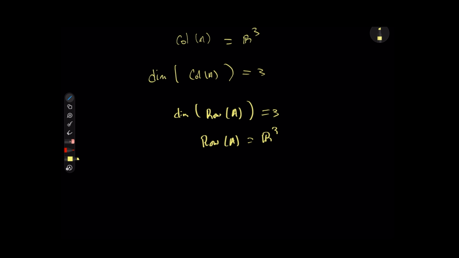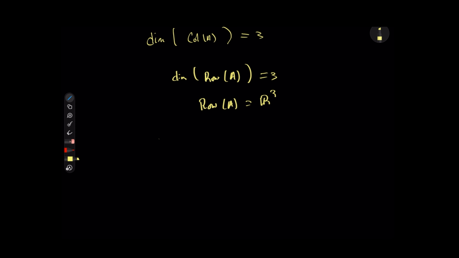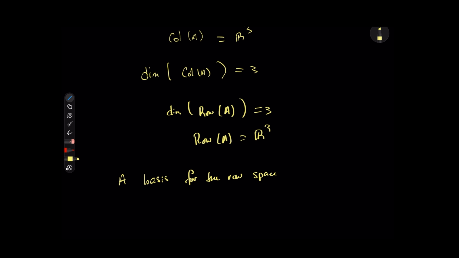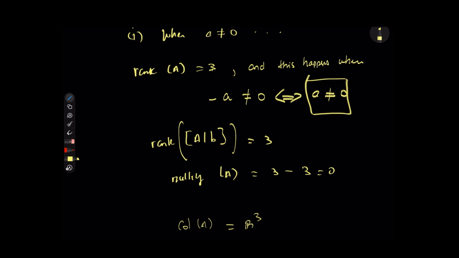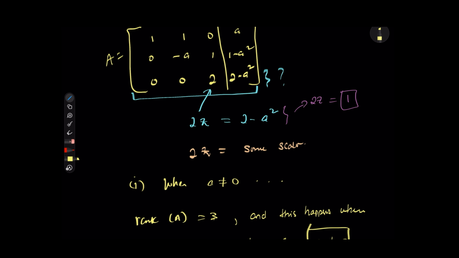So, in fact, I know I'm going too much inside here, but just in case, to be complete, if they ask for a basis for the row space, it can be taken from any of the non-zero rows after we have reduced it into echelon form.